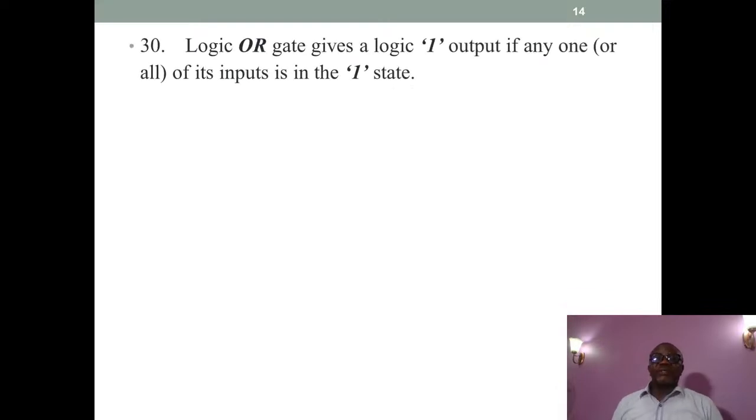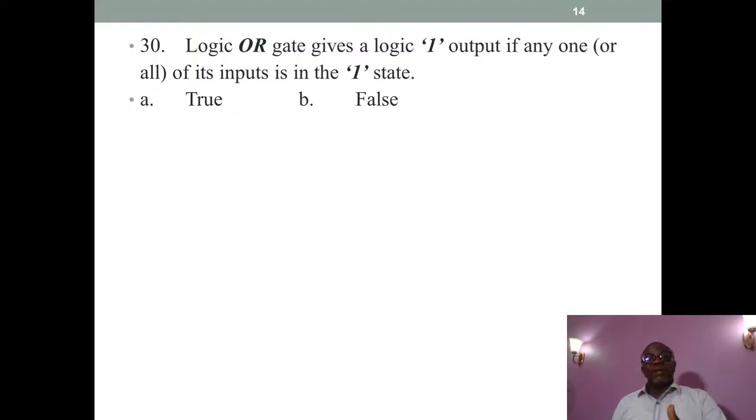A logic OR gate gives a logic 1 output if any or all of its inputs is in the 1 state, true or false. Remember, we drew an analogy of a logic gate, that it is when you have 2 switches in parallel.